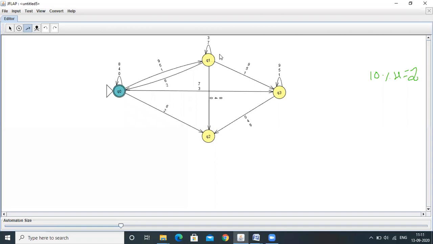Now define the transitions on 6 and 2. Q3 on 6 becomes 36. 36 modulo 4, remainder is 0, so it will come to Q0 state.